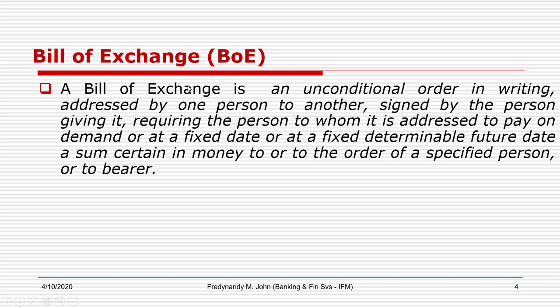Now, a bill of exchange can be defined as an unconditional order in writing addressed by Mr. Freddy to Azam Corporation, signed by Mr. Freddy, requiring Azam Corporation to pay on demand.